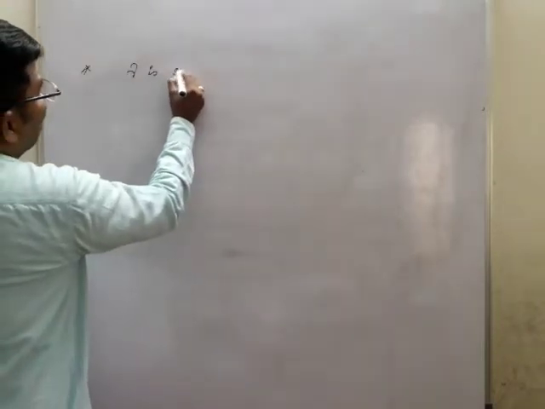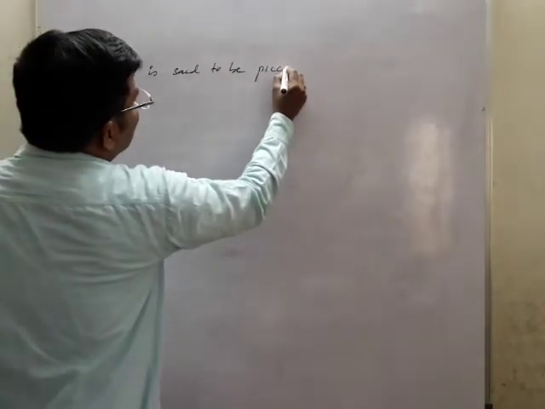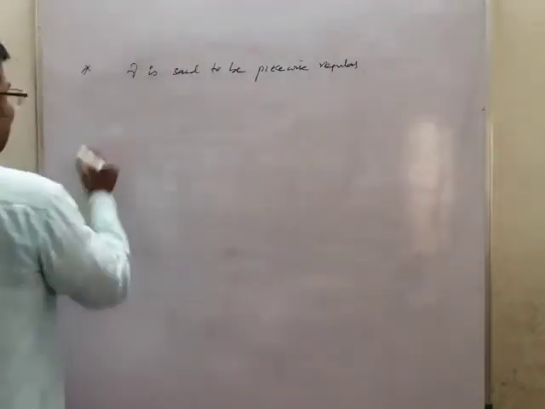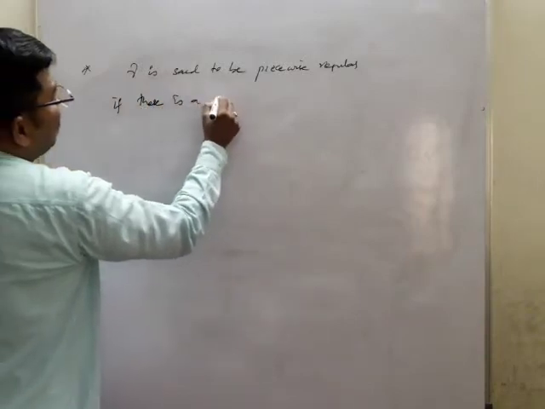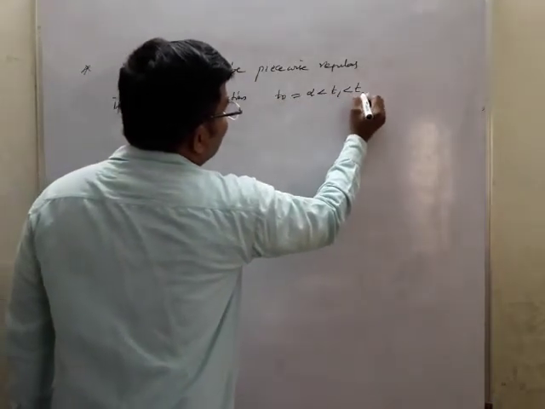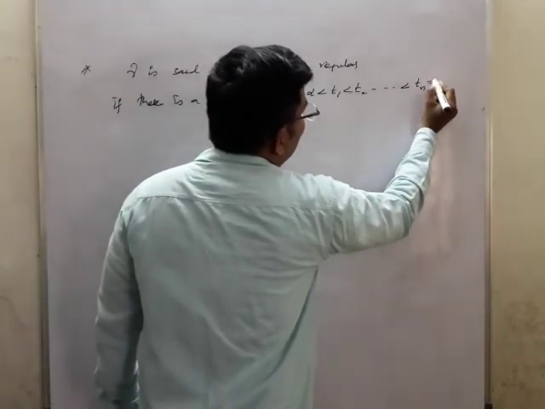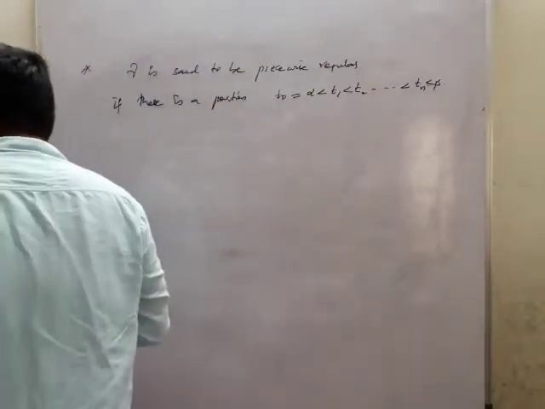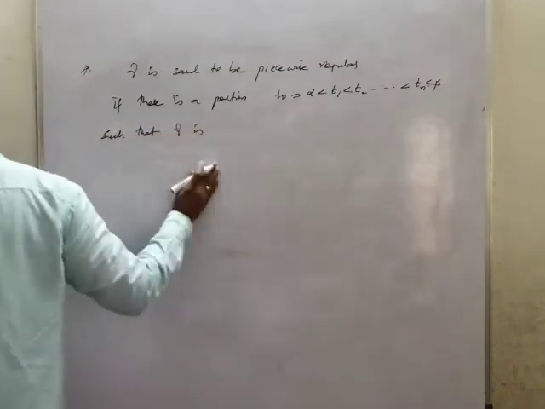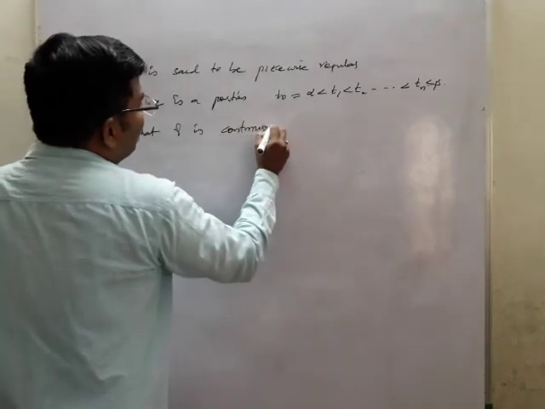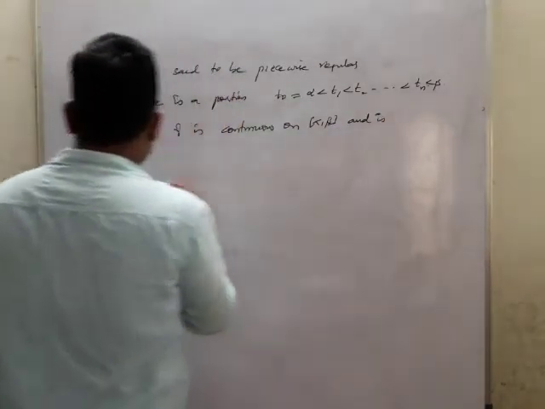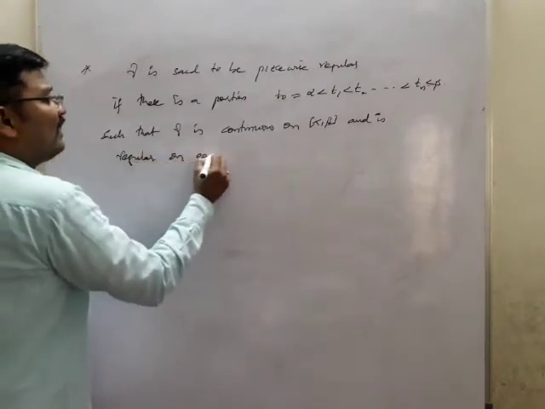That is, gamma is said to be piecewise regular if there is a partition t0 equal to alpha less than t1 less than t2 and so on, less than tn, which may be equal to beta, such that gamma is continuous on alpha, beta and is regular on each subinterval.